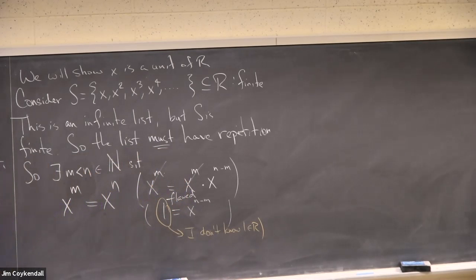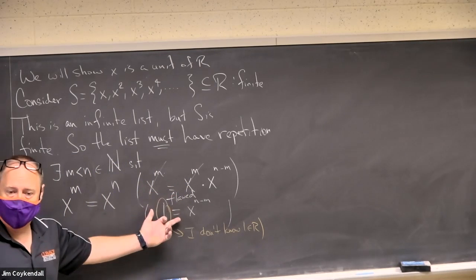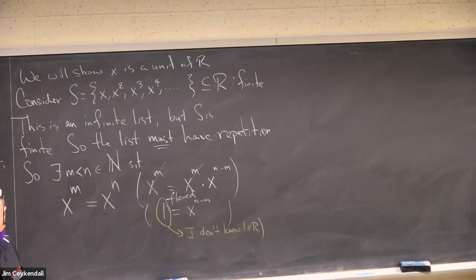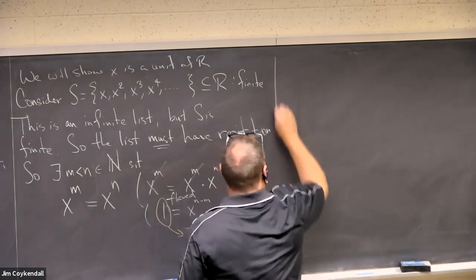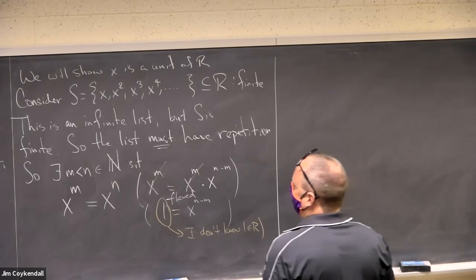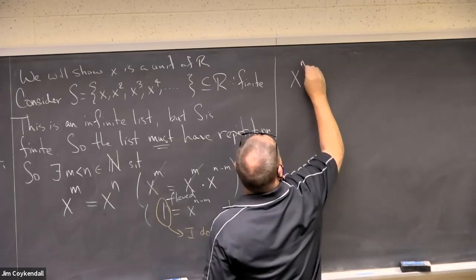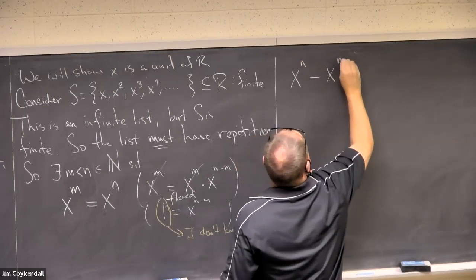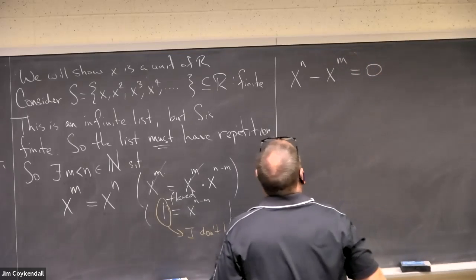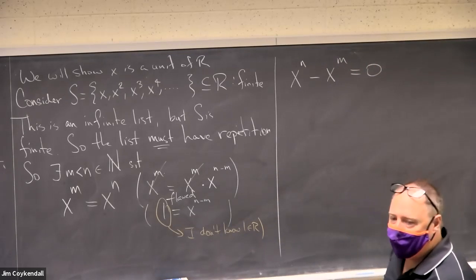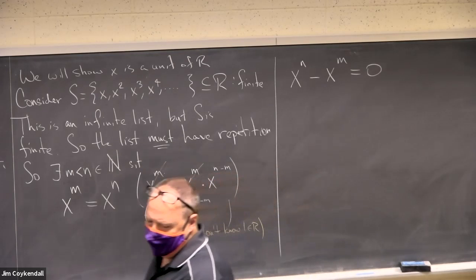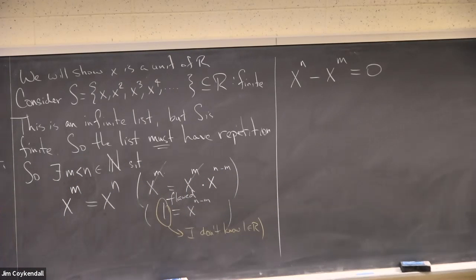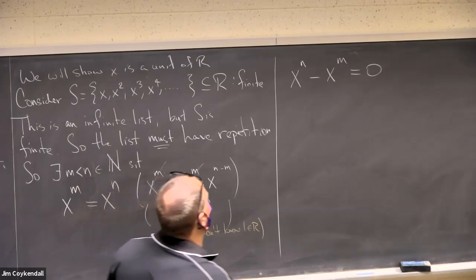I didn't assume that there's an identity, so there's nothing to cancel that out. Problem. But I can get around this by doing this. I'll pull out everything that I can, right? Let me pull out x to the n minus 1.